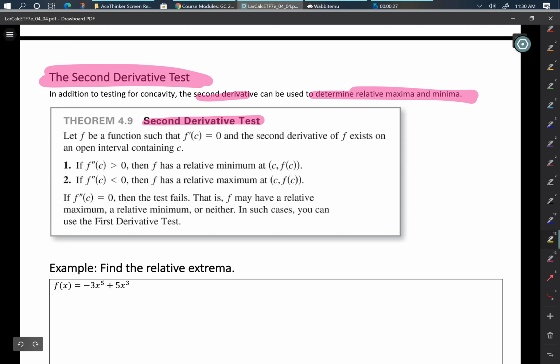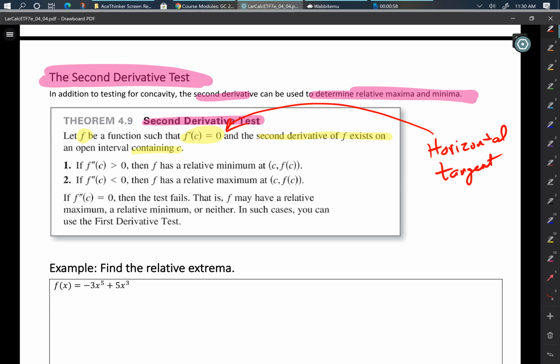It starts out by saying, let f be a function such that f prime of c is equal to 0, and the second derivative exists on an interval containing c. So what does this tell me? Well, this tells me that I have a function that has a horizontal tangent line at some value c, and that the second derivative exists on an interval containing c.